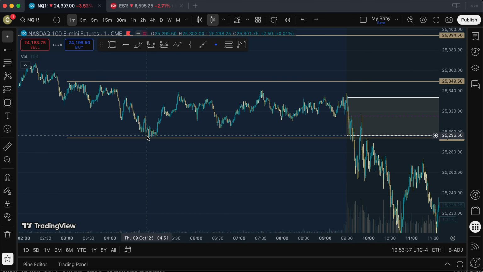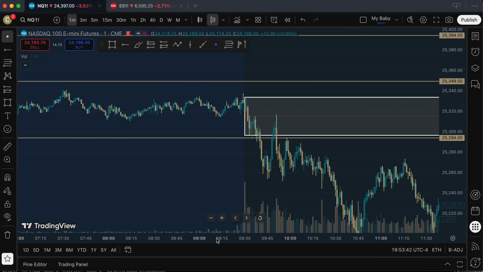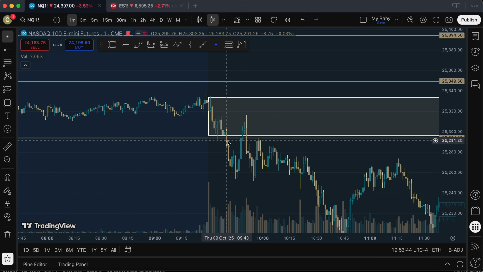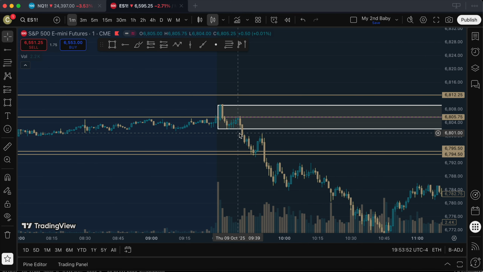This was London lows. So I am very cautious of entering on this next candle, right? So let's say this was 940. I go here. What did we do at 940? We were still in the range. We were still in our opening range on ES.